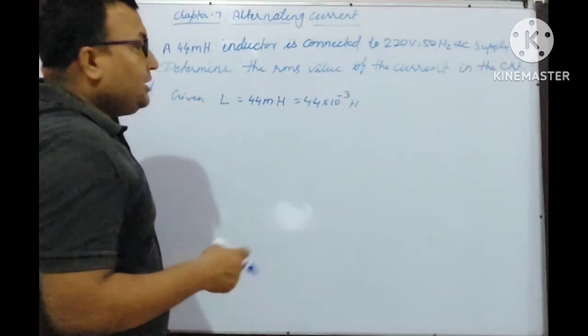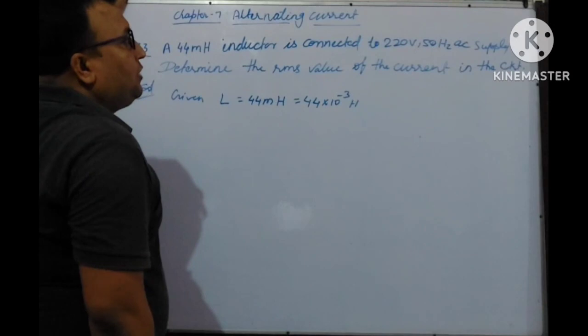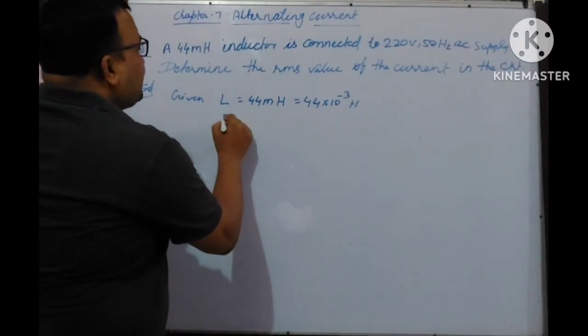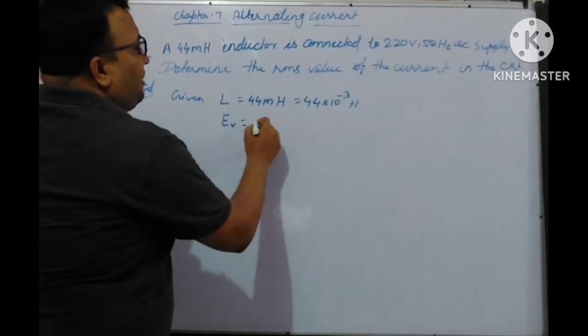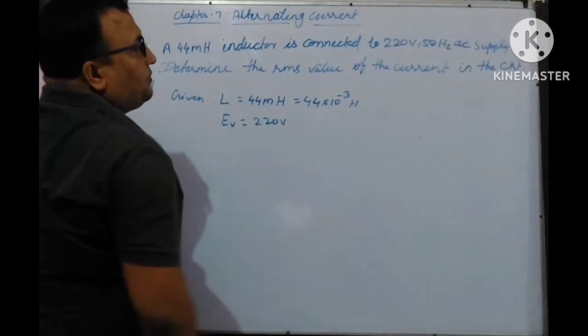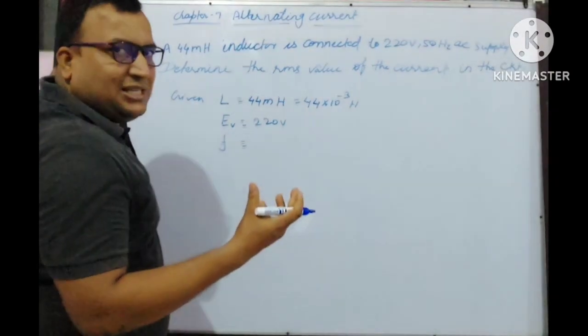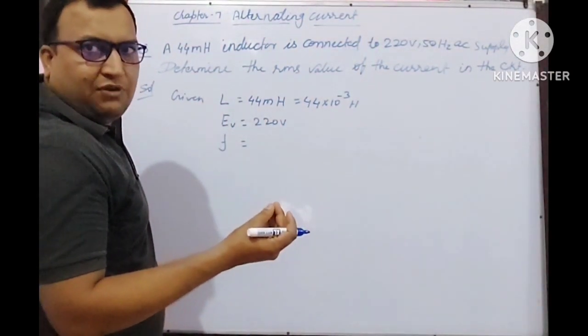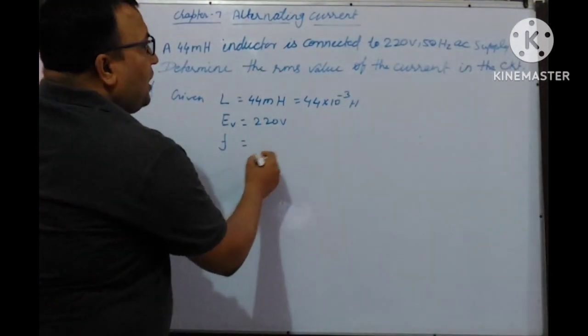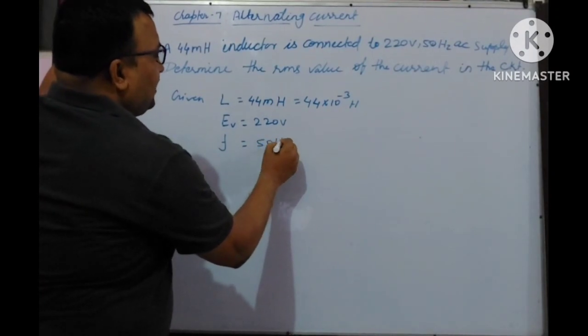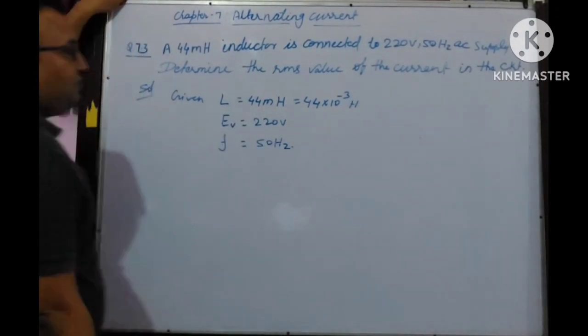Now come to that another, it is an inductor, okay. Now EV is given, what is that the EV? 220 volt, and a frequency is given, whatever the AC supply is there, they have the frequency, that is F is given 50 Hz. We need this time this frequency.